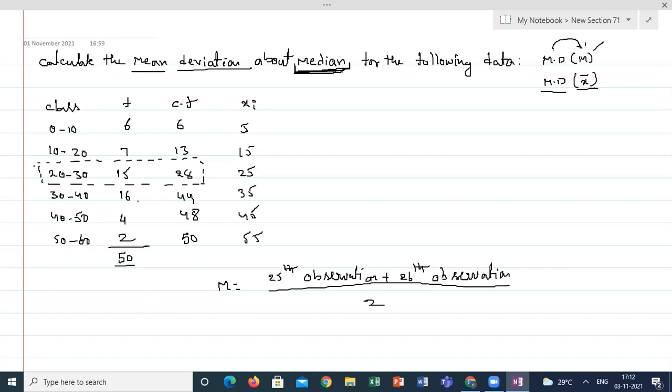So when I'm taking the 25th observation and the 26th observation, what is your value? Please guys, what is your value?